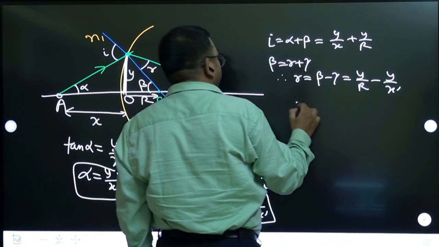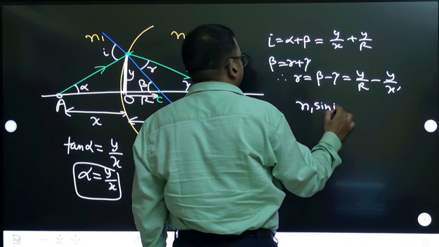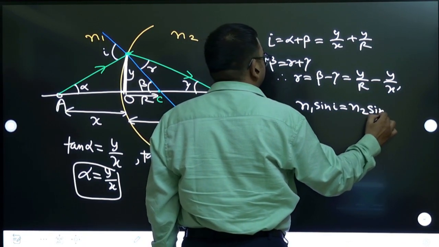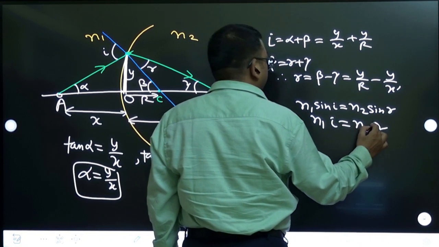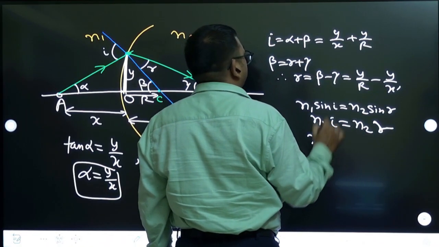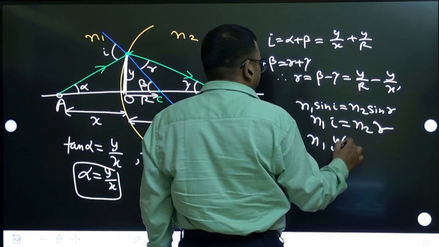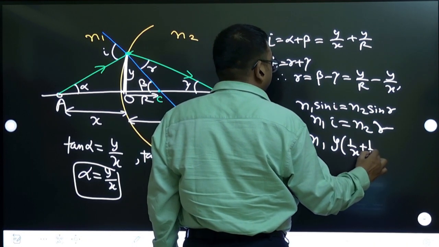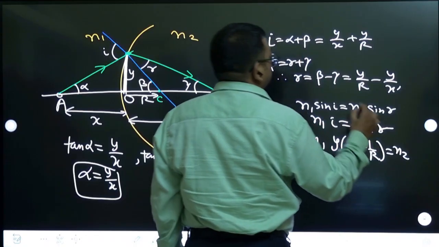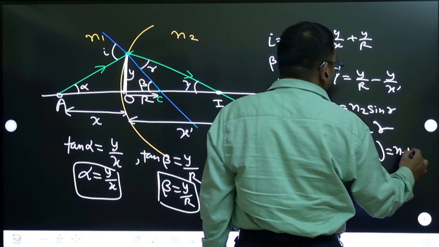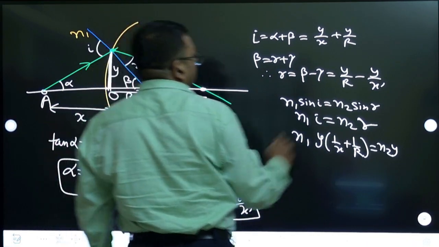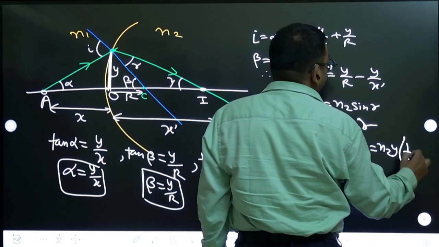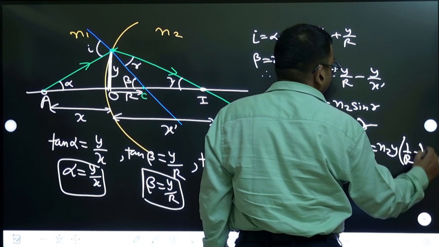Now let us substitute n1 sin i is equal to n2 sin r, so n1 into i is equal to n2 into r. Now substitute i. I will take y common, so 1 by x plus 1 by r. N2 into, here again I will take y common, so we get 1 by r minus 1 by x dash.